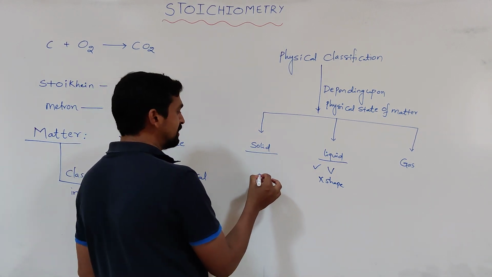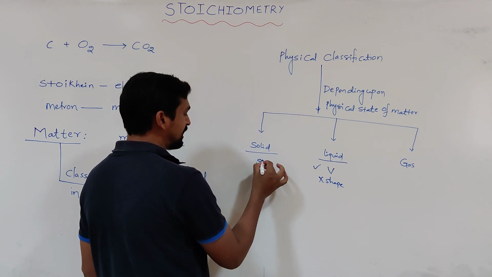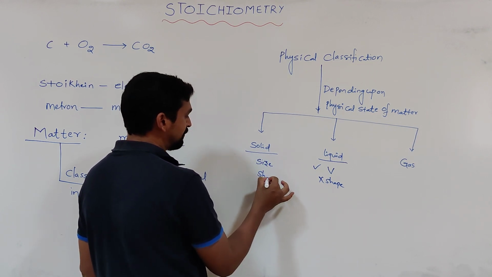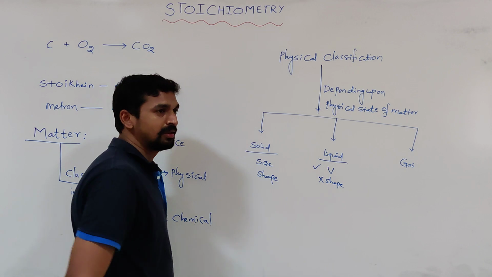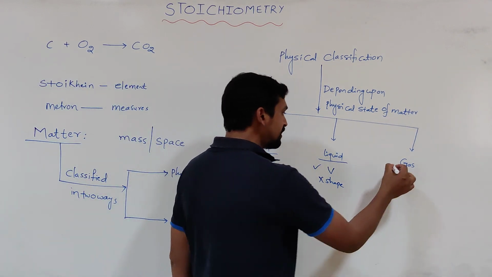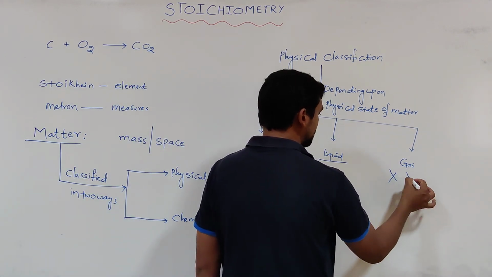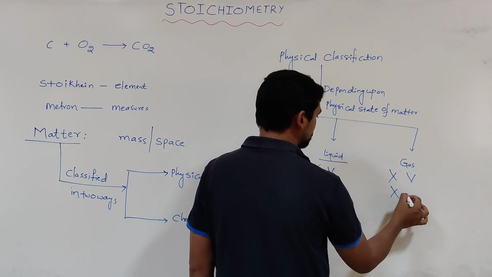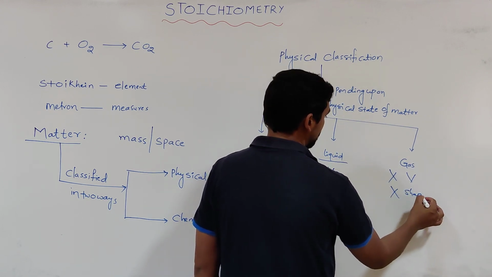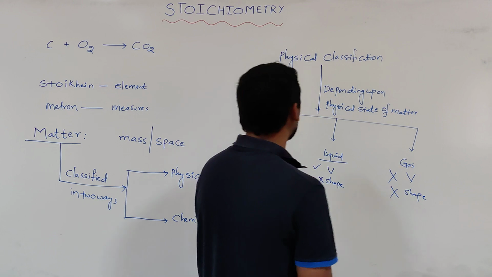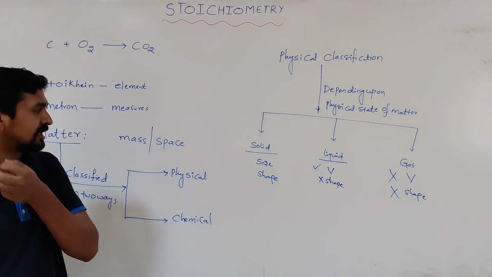Whereas the solid possesses a definite size or volume and definite shape. But when it comes to gas, it does not possess a definite volume or a definite shape. Like that we can define the three physical states of matter.